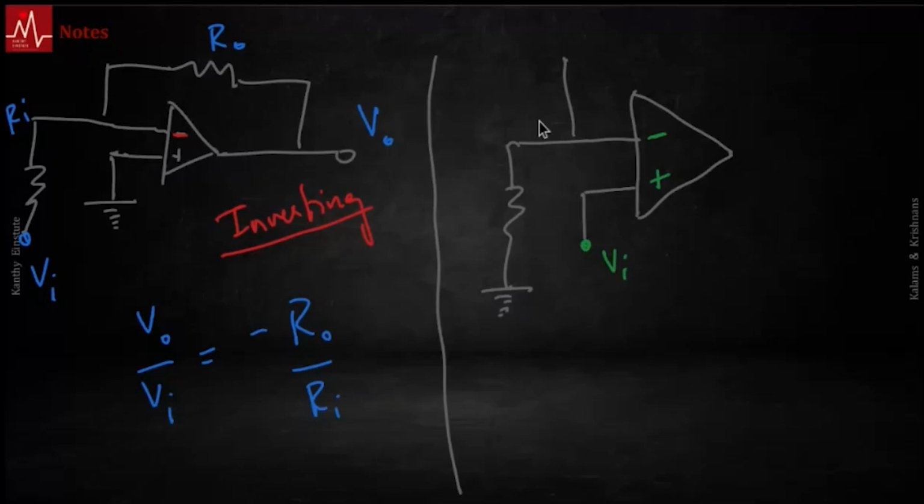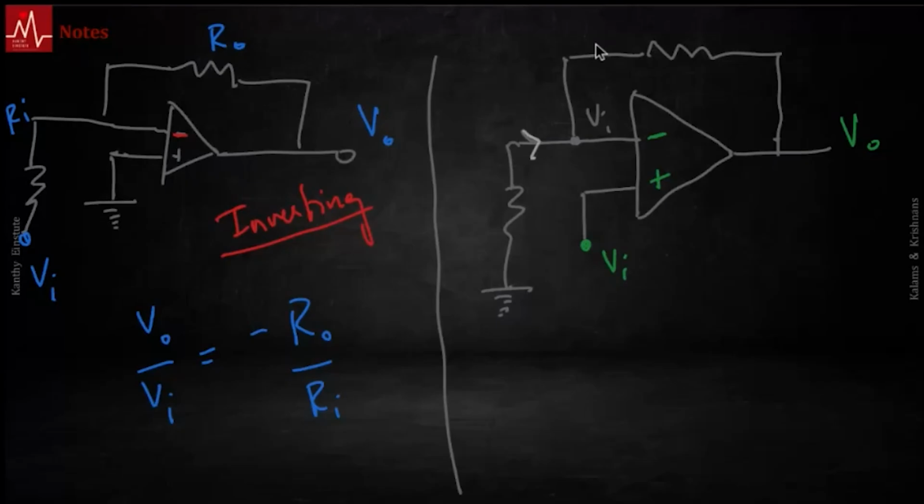This bit is grounded, and then you end up with a negative feedback loop. You have VO. Again, let's write this down. Notice, if this is VA, this has to be virtual short. This is VA. The current here happens to be the current there.